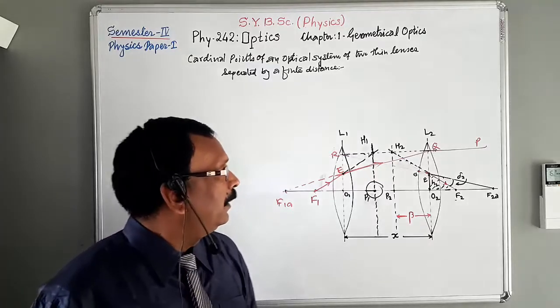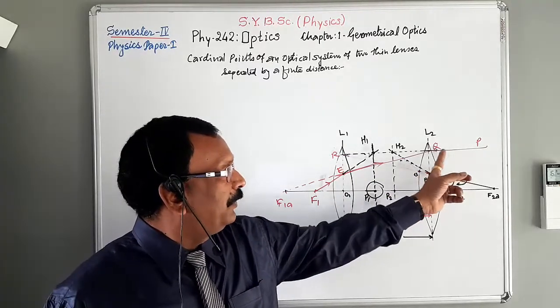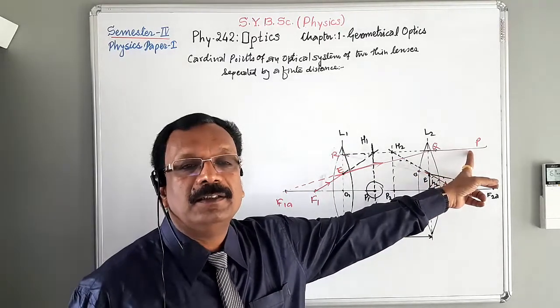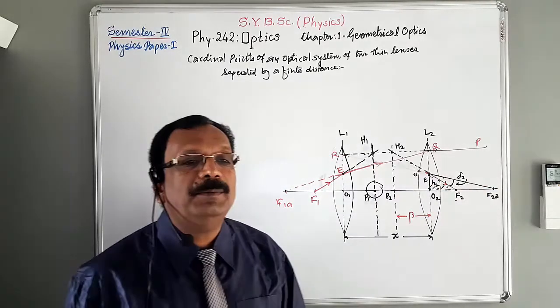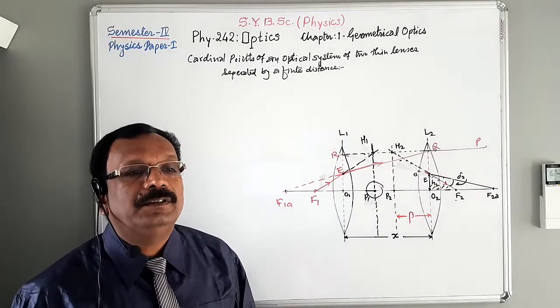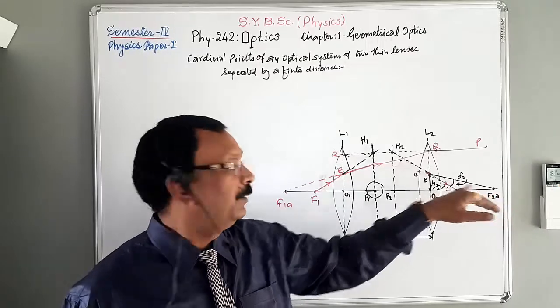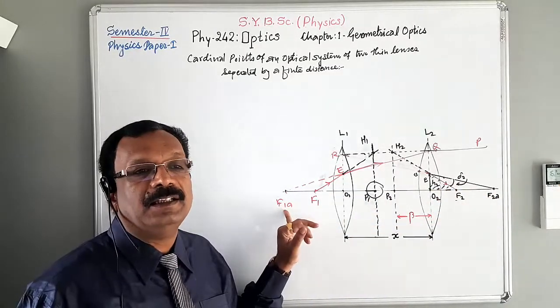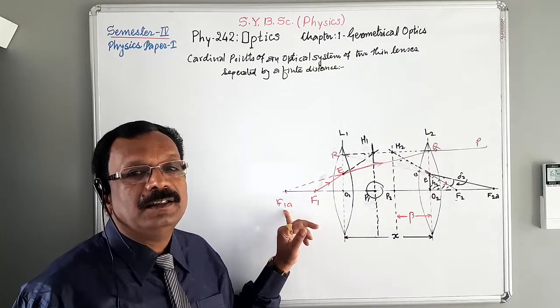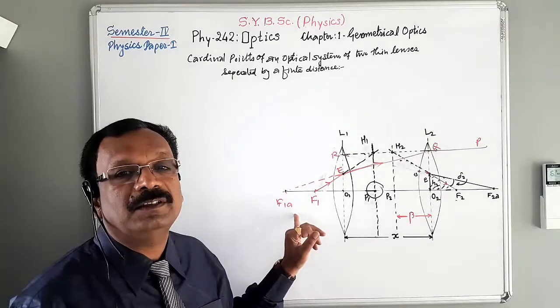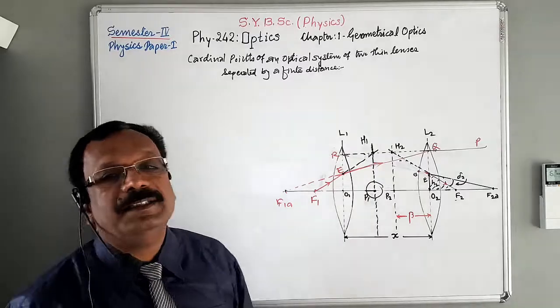As QP is the final emergent ray which is parallel to the principal axis, the point F1A is the first focal point of this lens L2.